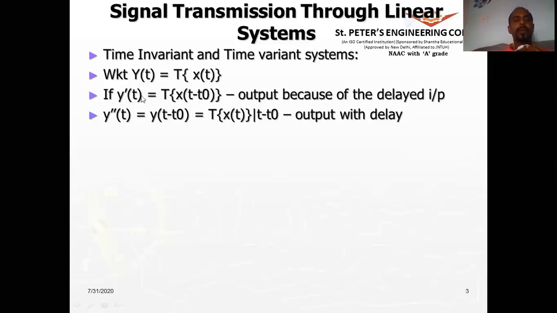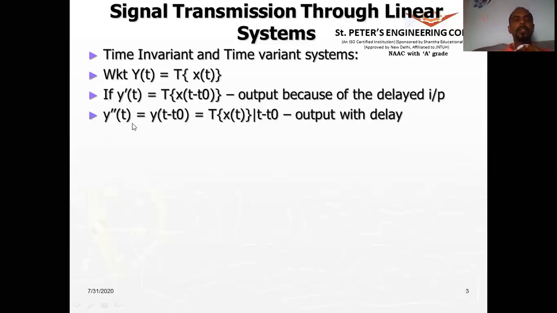Now this is one output I've got. Keep that aside. Next, let us go to the equation y of t. In this equation, simply replace t with t minus t naught. That I'm going to call y double dash of t.